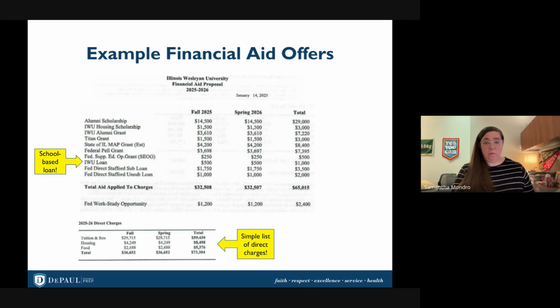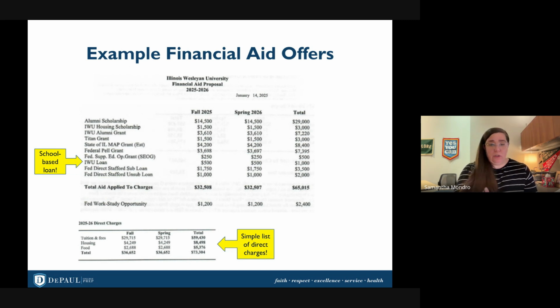Some may say, you can borrow this right now, and as long as you remain a student here, you might not have to pay it back. But anytime you see a loan that is not a precursor to a direct loan, it is really important to ask what the loan's terms are, so that if you do use that $1,000 here, you are aware of how you should go about paying that back.